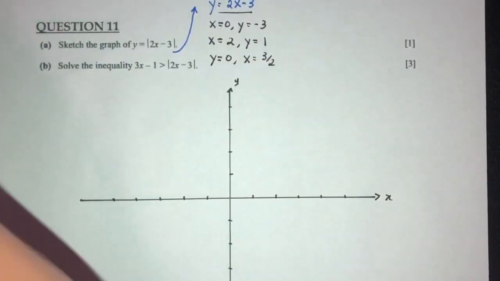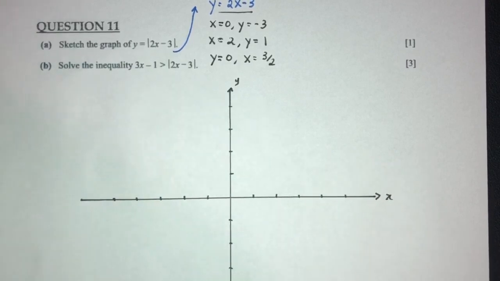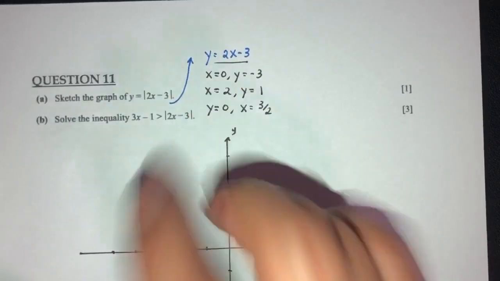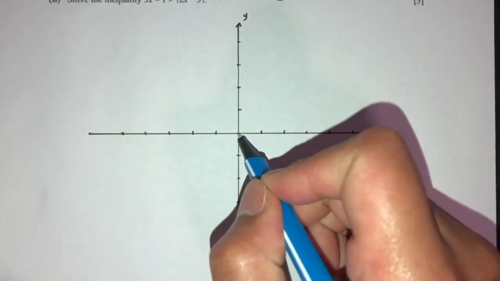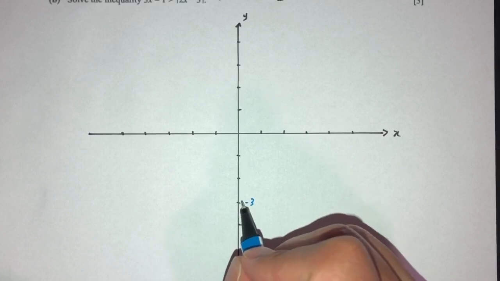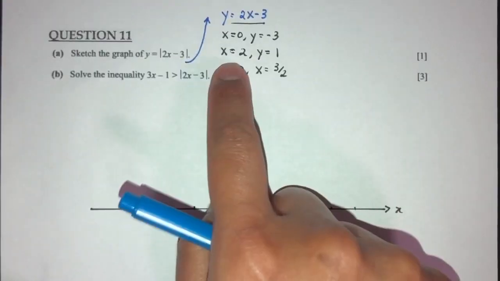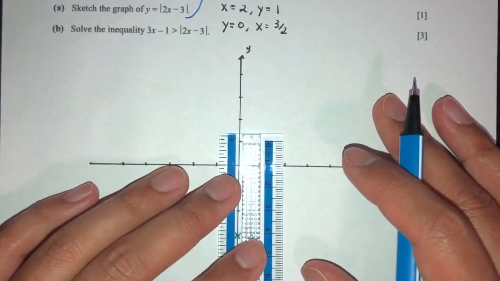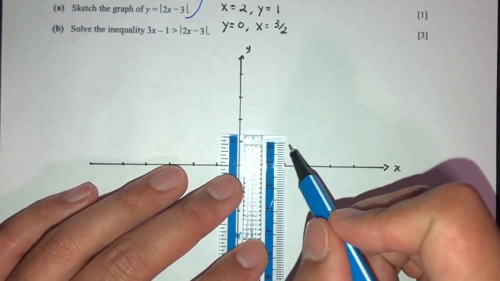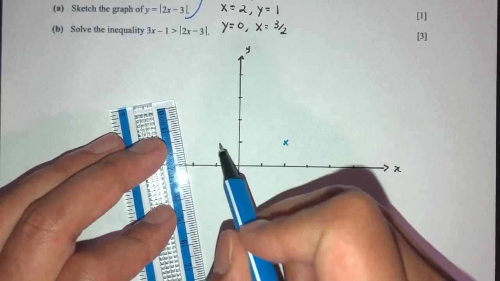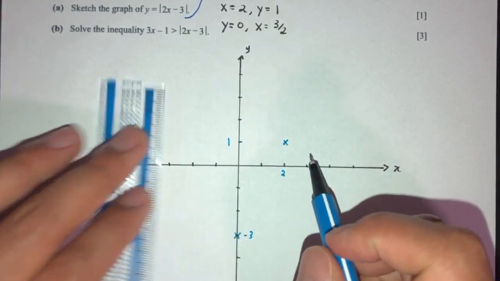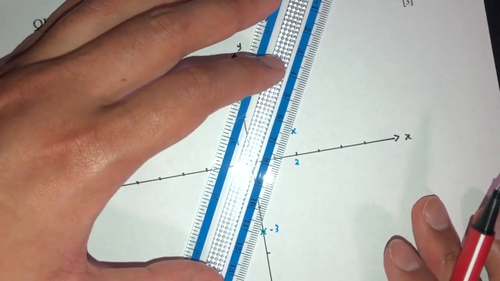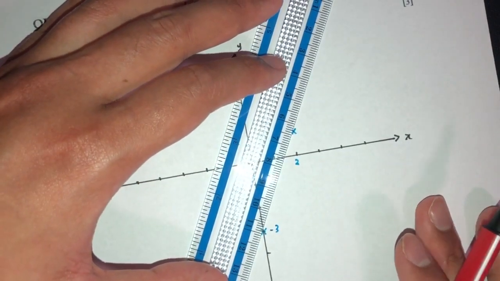So the first point we have is 0, minus 3. So 0, minus 3 should be right here. And then we have 2, 1. So 2, 1 should be right here. Okay, so to sketch the graph, we can just simply join these two by a straight line.